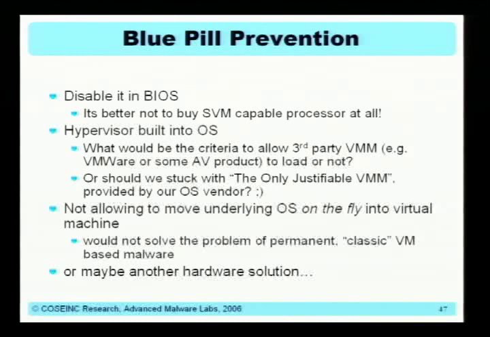We can also think about modifying SVM technology in such a way that it wouldn't be possible to move the operating system on the fly into the virtual machine. So for example, we could forbid or we could require that every created VM should start running in real mode, not protected mode.